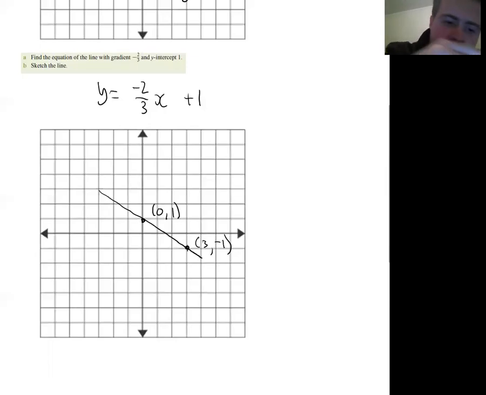Sorry, I said that wrong. Every time we go across 3, we're going to go down 2. Draw that line as such. And there is our line here. We can write our equation, y equals -2/3x plus 1, and we are done.